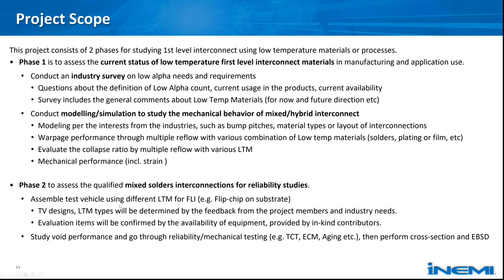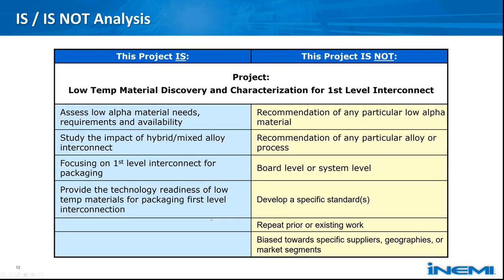Some of the examples of what characterization would look like out of phase two is studying the voiding performance of this first level interconnect, characterizing the reliability and mechanical behavior through temperature cycling, electromigration, bake and aging cycles, and then also perform analysis such as cross section or any other typical FA characterization techniques, and come up with what the behavior of the low temp solder for first level interconnect would look like.